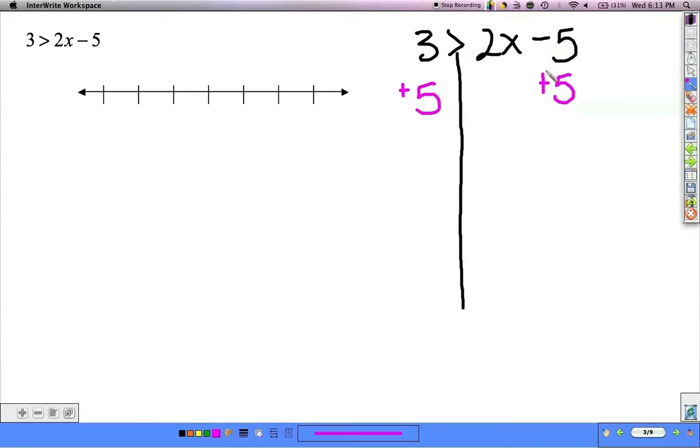Now, the minus 5 and the plus 5 are going to add to 0, or cancel each other out. And then we have 3 plus 5, and that's going to become 8. And 8 is still greater than 2x.